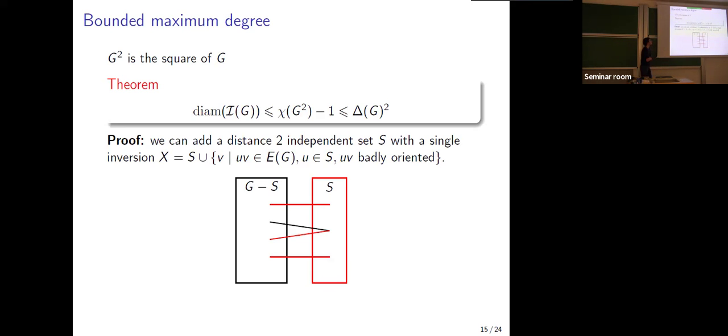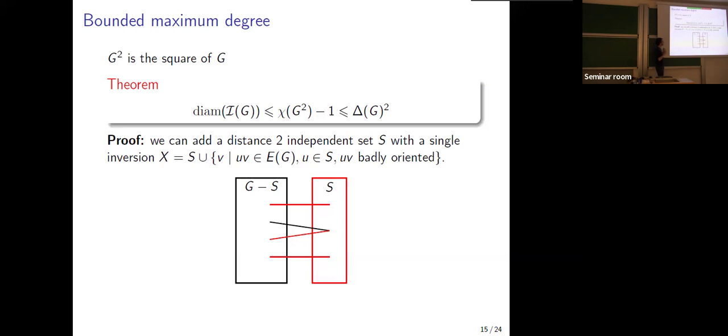Okay, so let's start with an easy argument, which proves that it's at most the maximum degree squared. Here, the proof is almost the same argument as at the beginning when we were adding vertices one by one. But now the observation is that instead of adding one vertex at a time, you add a full 2-independent set. A 2-independent set is a set of vertices pairwise at distance at least 3.